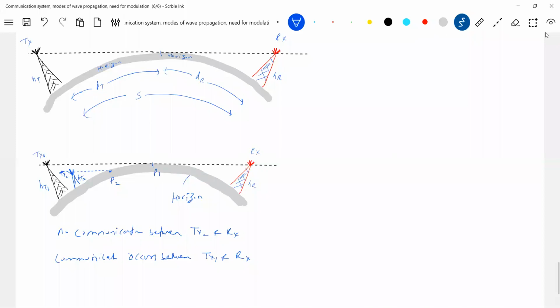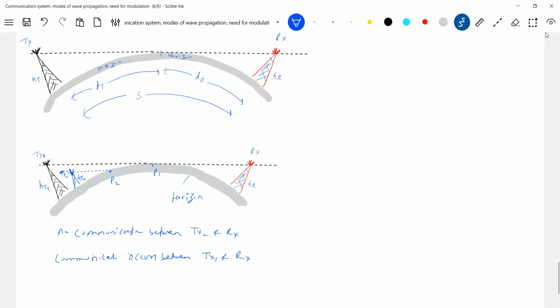The range, shall I say, depends on the origin of the earth and also the height of the antenna. That's all, I'll just conclude this topic in this way. No communication between TX2 and RX, and communication occurs between this one.